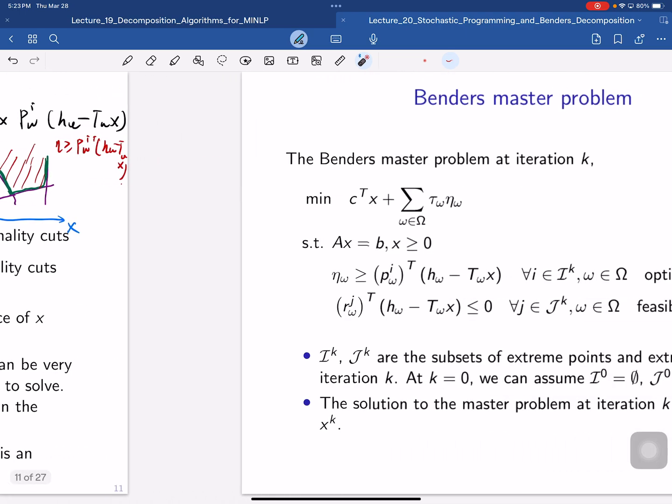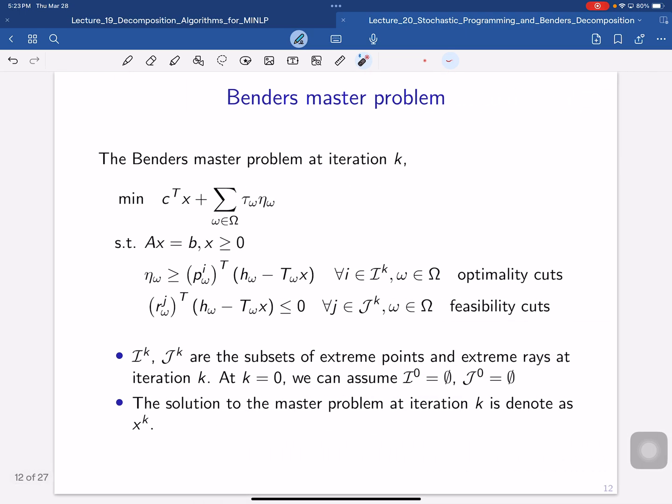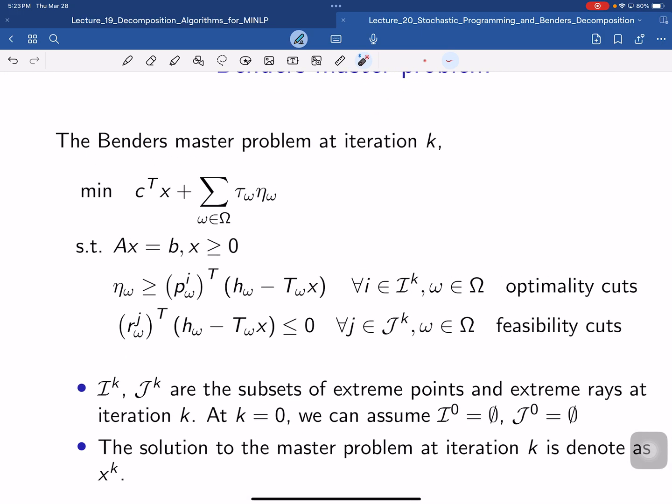So how does Benders decomposition work? You can draw an analogy to the generalized Benders we talked about last time. We first solve the so-called Benders master problem. In the master problem, let's assume at iteration k, you only have a subset of feasibility cuts and optimality cuts.